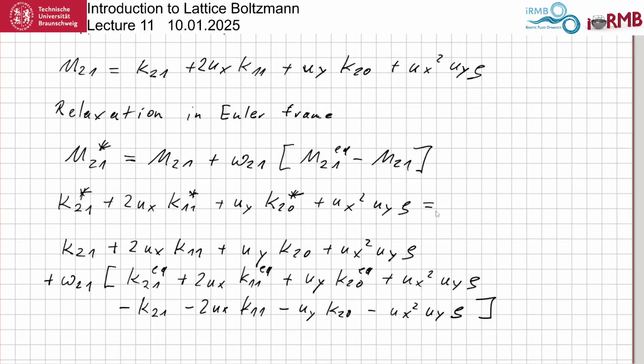What we notice immediately is that these two things here all disappear. The same thing on the left-hand side and on the right-hand side with these terms, but otherwise there is a lot that remains.